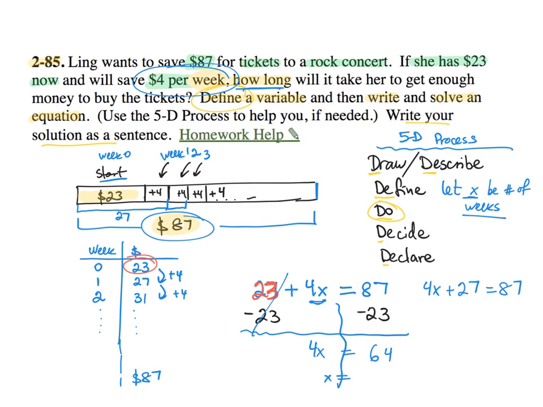I'm just saying it out loud, so go ahead and show work to find x. Divide by 4 on both sides. Once you find your x, you're on the next step: decide if it makes sense. For example, if you found x to be 4, that would be week 4.